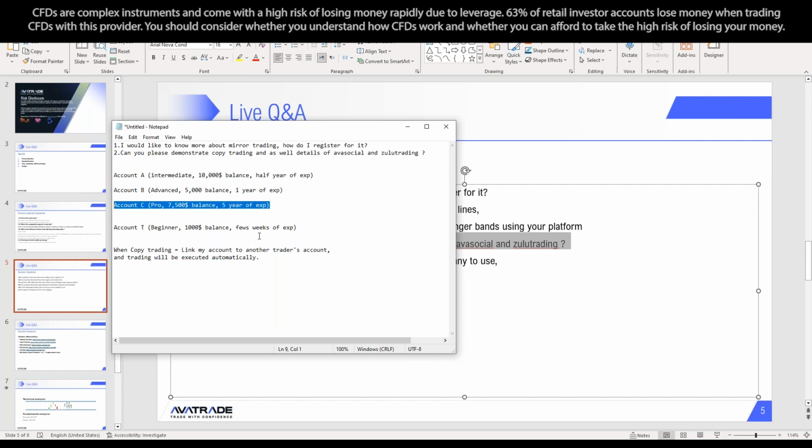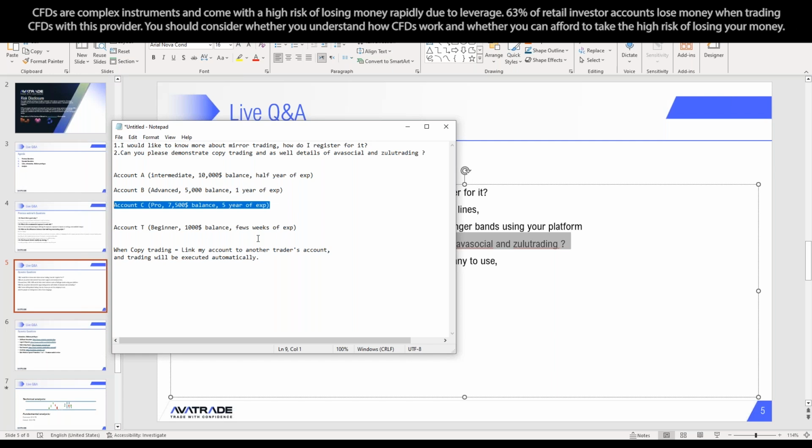But what I want to do before I am copying or following someone, the most basic thing to do is to check the performances for the longest time frame that I can. If somebody offers me, okay, come, you can link your account to my account, but I've been trading for a week, well, how can I know if you're good or not?